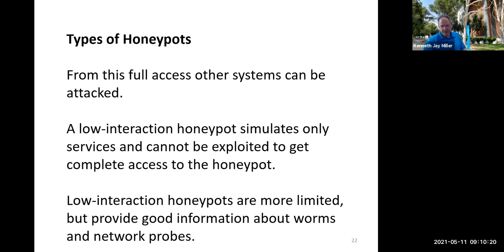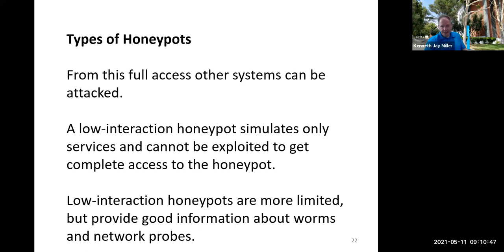So that's where some of this legal interaction comes in. A low interaction honeypot simulates only services and cannot be exploited to get complete access to the honeypot. And to reset a low interaction honeypot is as easy as just clicking a button that says restart service, and all of a sudden it goes back to the way it was before it was attacked.